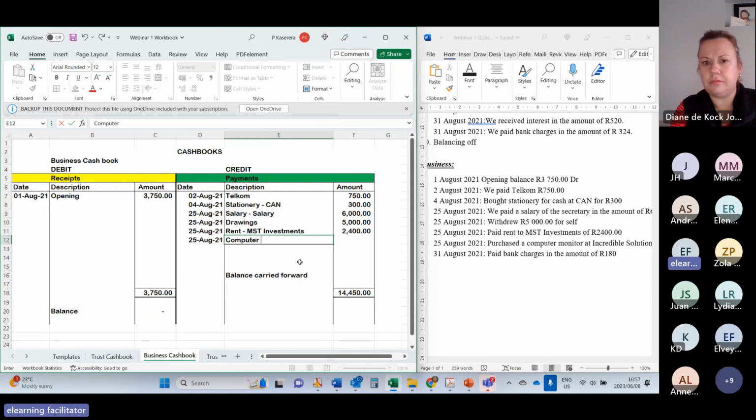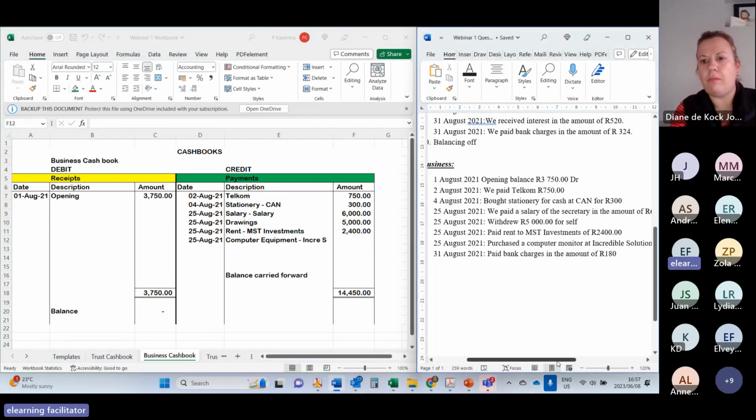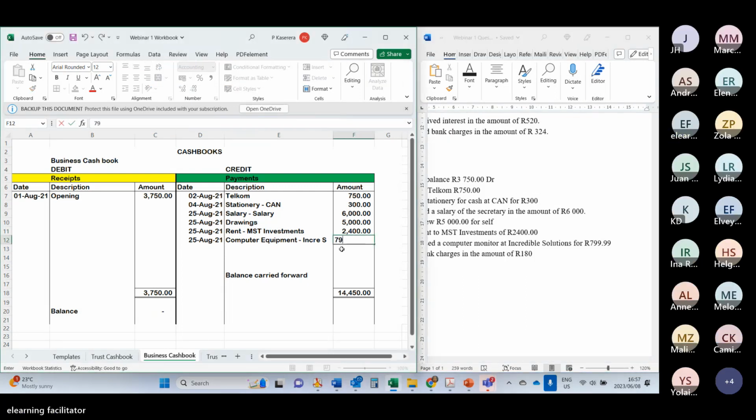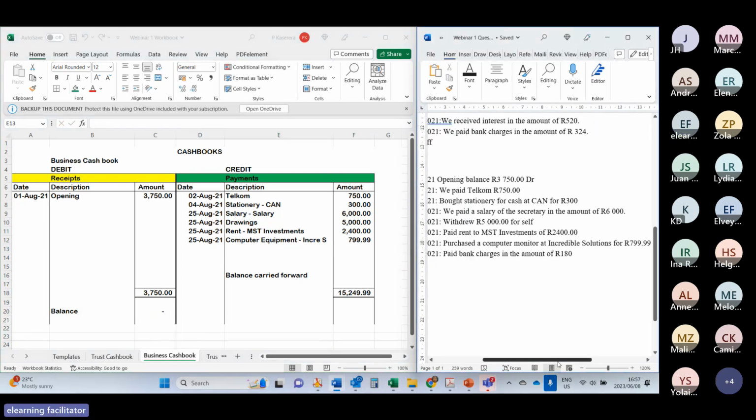Computer equipment for our computer. We purchased a monitor from Incredible Solutions. And then how much do we spend? 799.99. Okay.